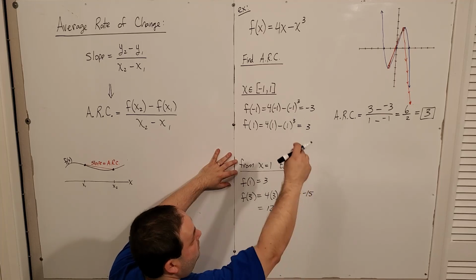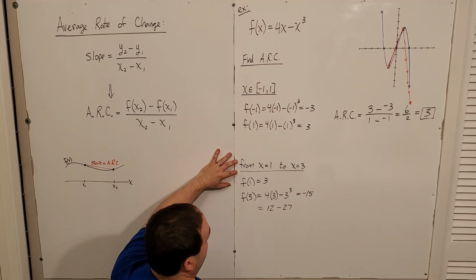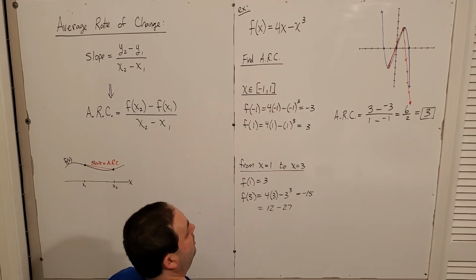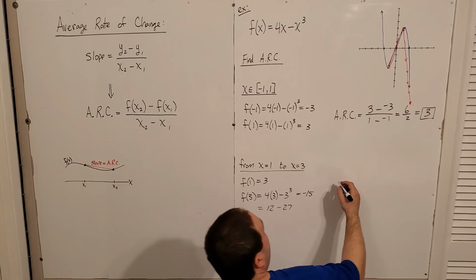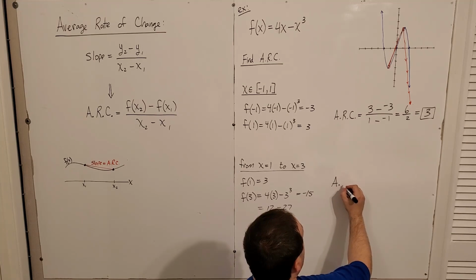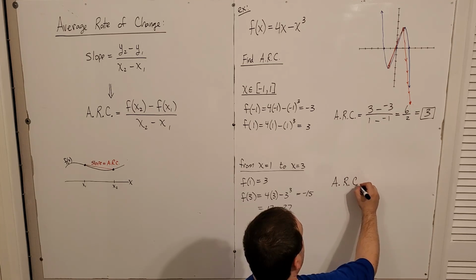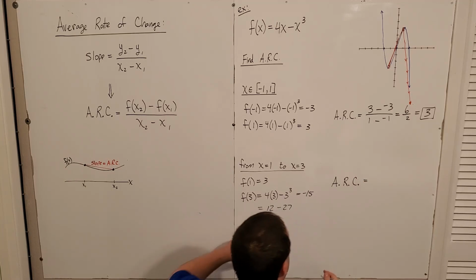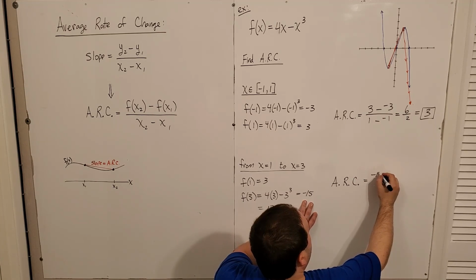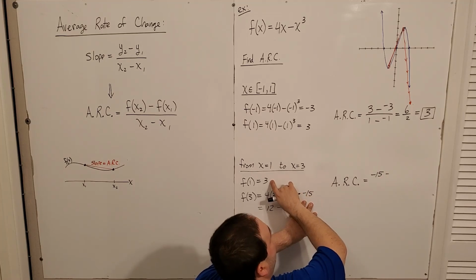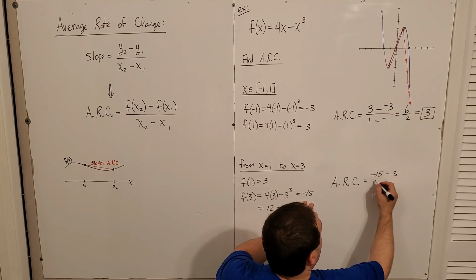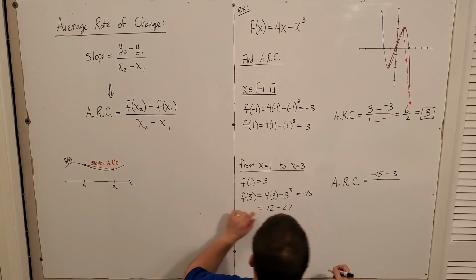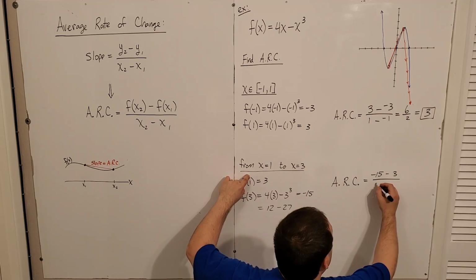Huge negative number compared to the scale that I have on my grid there. Okay, so now average rate of change is equal to negative 15 minus 3 divided by 3 minus 1.